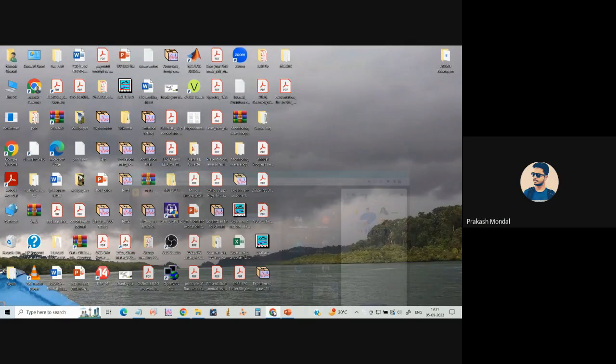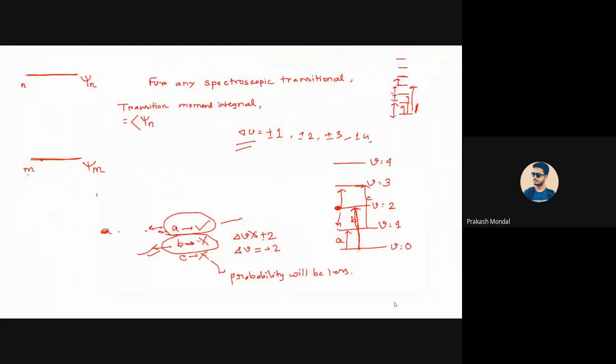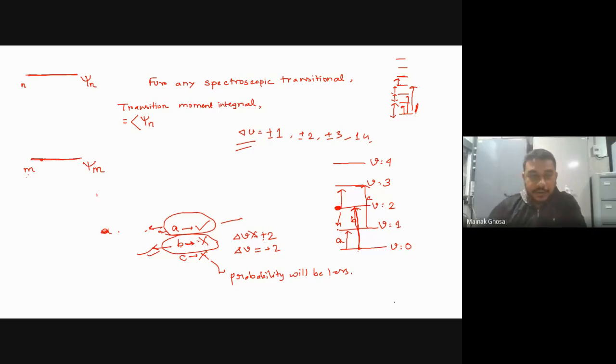Sir, I have read this in quantum mechanics, but forgotten. Bra-ket notation, right? If you don't know, no problem.